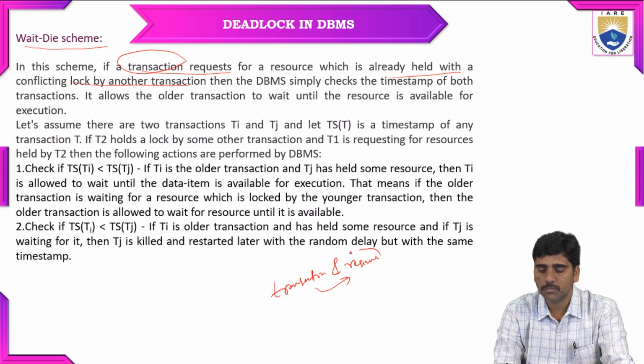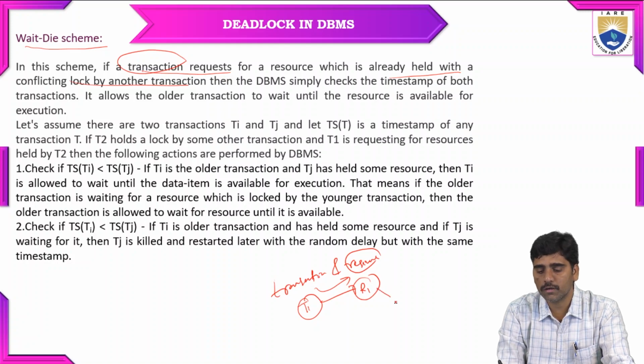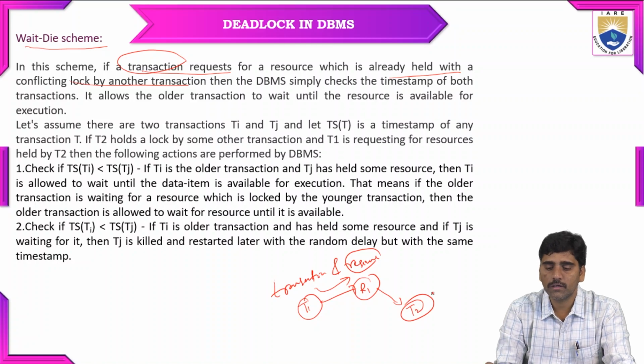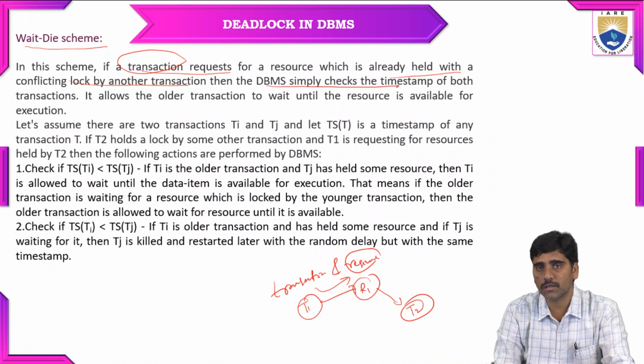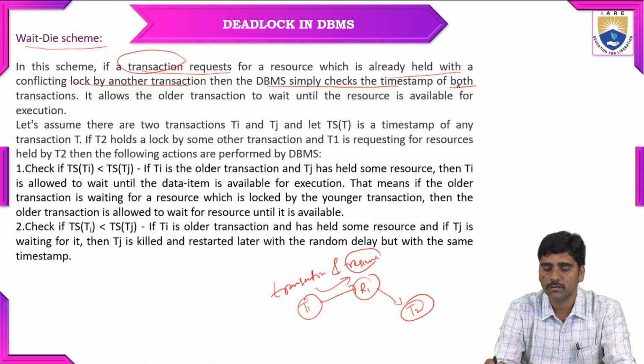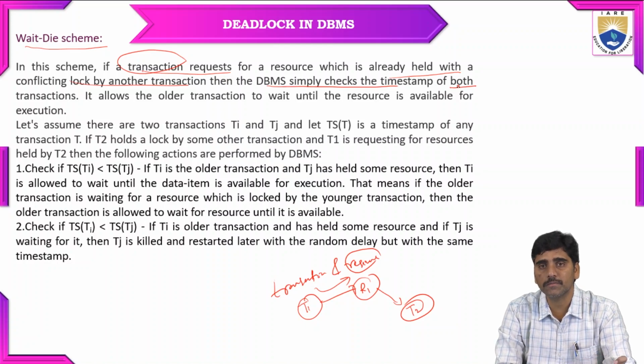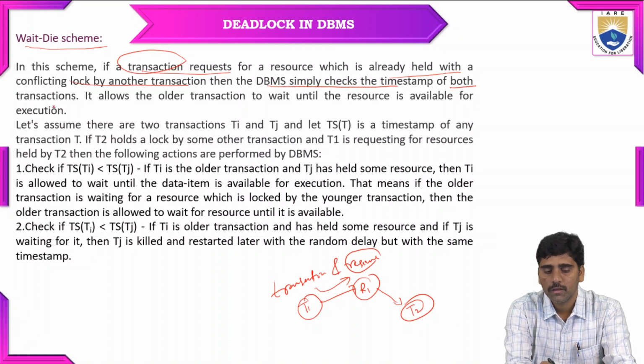Suppose transaction T1 wants to use the resource R1, and at this moment R1 is already held by transaction T2. Then the DBMS checks the timestamps of both transactions. It maintains timestamps for both transactions.